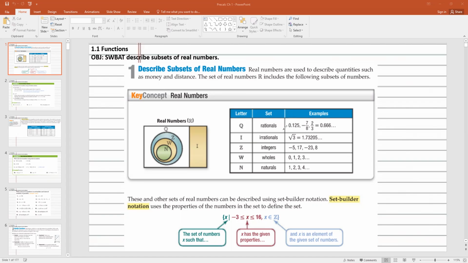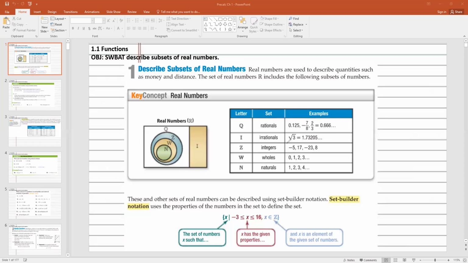Rational numbers are all numbers that can be put in decimal form or fraction form, and then they are eventually going to repeat. That's going to be a decimal number that eventually repeats or stops.